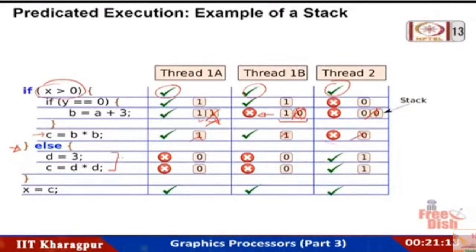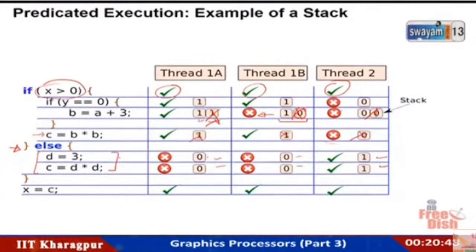And then we pushed 0 onto the stack because we are on the else path for threads 1A and 1B. So it's a wrong path, and we push 0 and 0. So clearly for these 2 instructions, threads 1A and 1B will ignore them. But for thread 2, the else path is the correct path, and that's the reason we pushed 1 onto the stack. So thread 2 will execute them.